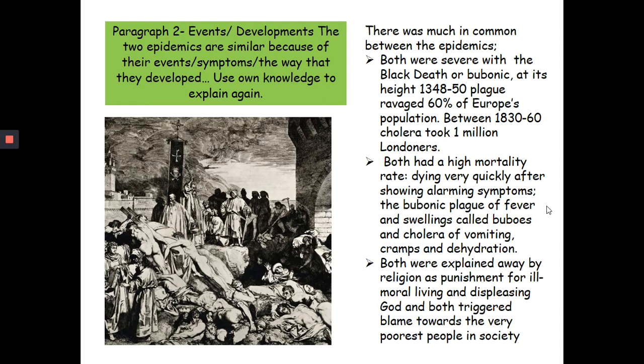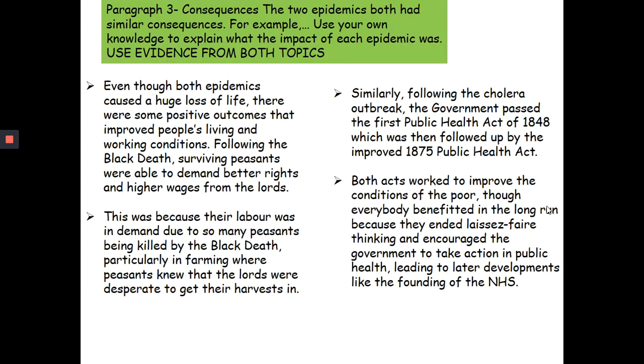Both were explained away by religion as punishment for immoral living and displeasing God, and both triggered blame towards the very poorest people in society. With the Narbonne peasants in France being mass murdered, and also the great unwashed, the very poorest, being blamed for the cholera epidemics.